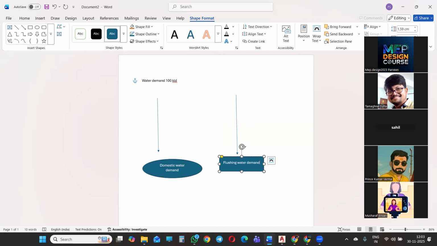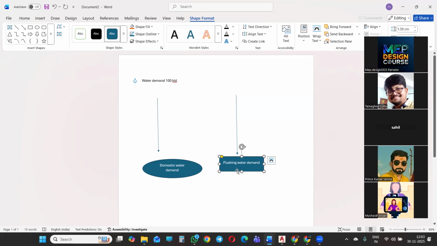Whatever project you are designing, understand my point: for STP purpose, only 80% of domestic water is considered, what goes from the washroom, kitchen or anything else. And flushing water is 100%.